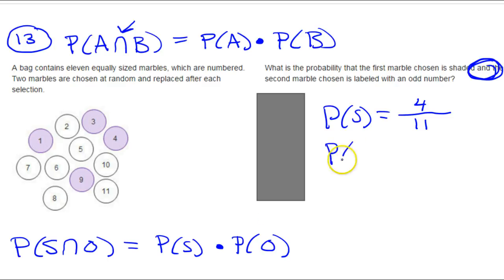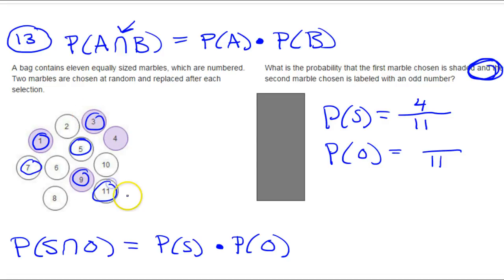Now, what's the probability of picking an odd one? Alright, target over total. The total is still 11. Now, how many odds are there? Odds are 1, 3, 5, 7, 9, and 11. That's 6 of them.